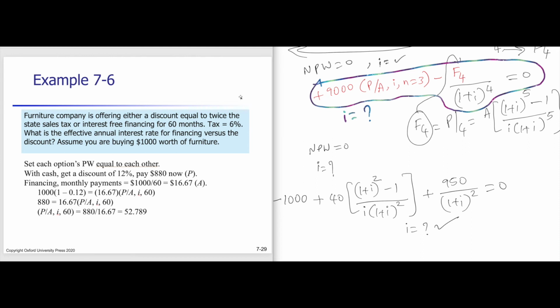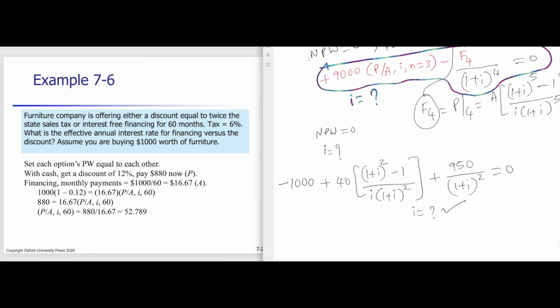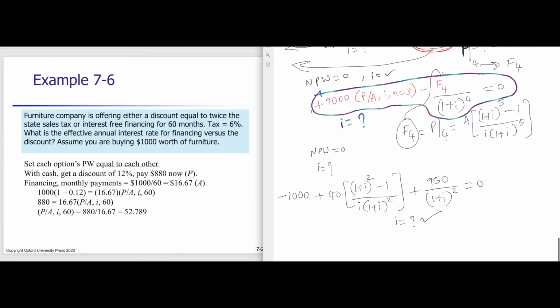For example, if you see here, a company is offering a discount equal to twice the sales tax or interest-free financing for 60 months. Which one will you choose? So we have to compare, and we can use our idea and understanding for problems of this nature.